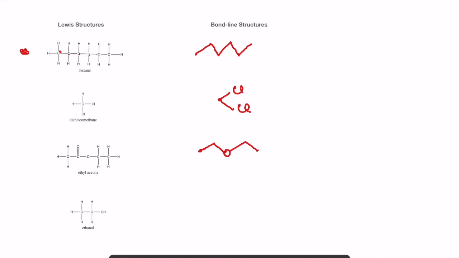And on the second carbon, you have a double bond with an oxygen. And there you go, that's ethyl acetate. Hopefully from this pattern and from watching the tutorial video, you can figure out ethanol for yourself.